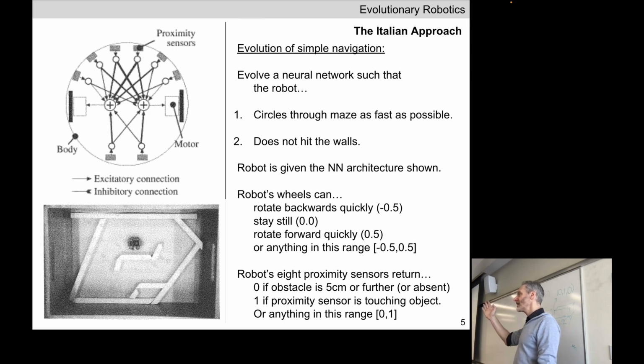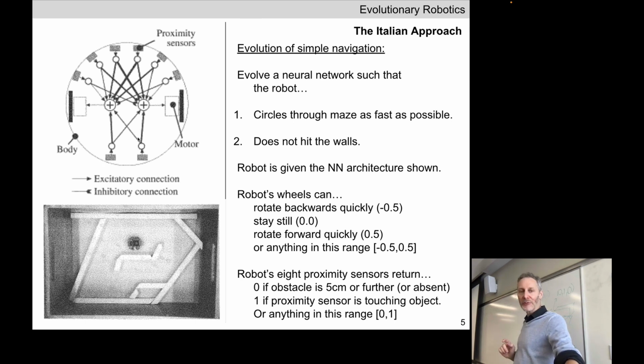An excitatory connection will take a stronger input signal and produce a stronger output signal. An inhibitory connection is a negative weight. The stronger the presynaptic neuron fires, the more it will inhibit or push down the value of the postsynaptic neuron, the neuron that's sitting at the head of the synapse.